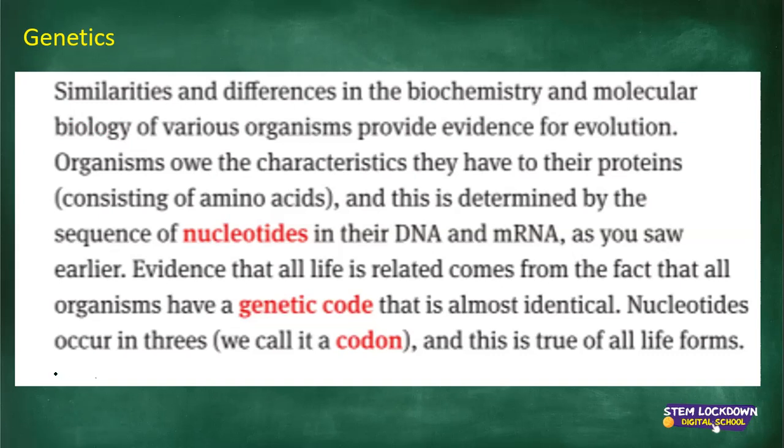So, like we've studied in genetics, you could have a sequence of, let's say, A, T, G, C, A, and then the other organism would have T, T, G, C, A. Look, there's only one difference here.